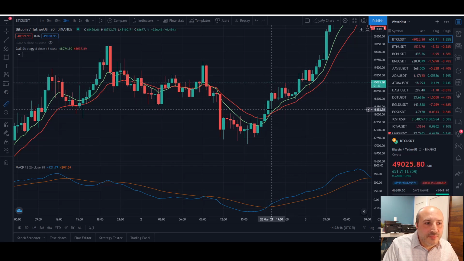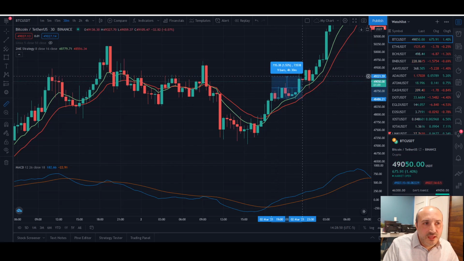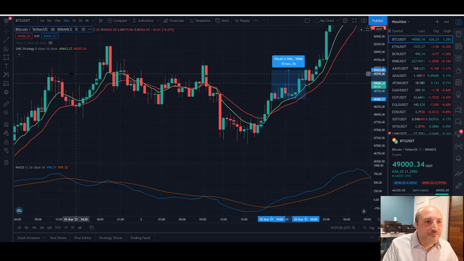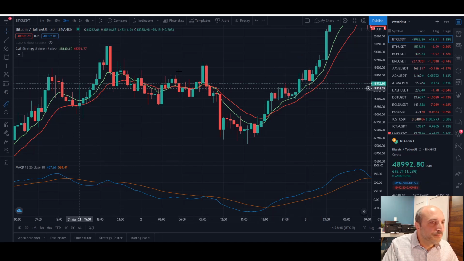Let's say I enter a position right here and I'm telling my bot to activate the trailing stop loss at 2%, which would be right here. Anything from here it would activate, but let's say from here, on the next 15 minutes the price starts to go down.